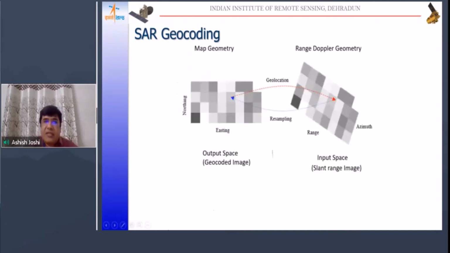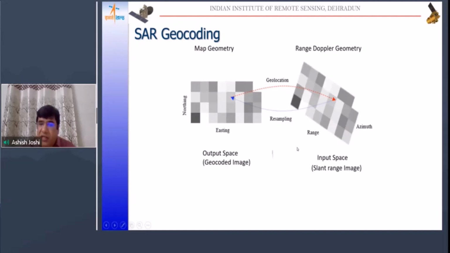So what is the SAR geocoding? If this is the input surface, this is a range Doppler geometry, meaning it is in the slant range geometry, in which the range direction and the azimuth direction are given. So this is the slant range image, and we will have one ground image.